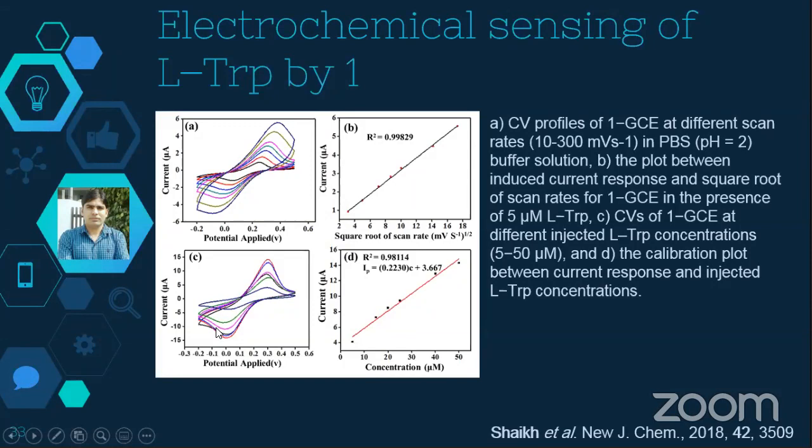We introduced 5 to 50 micromolar concentration and checked at every interval of concentration. There was a linear increase in current, and the linearity is very good, even 98%. With respect to scan rate and with respect to concentration, in both cases our electrode is performing very linearly. So it is highly specific electrochemical sensing for L-tryptophan.